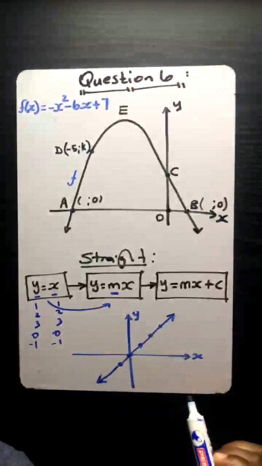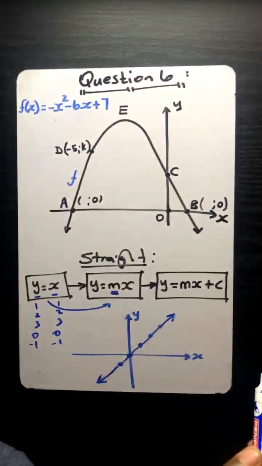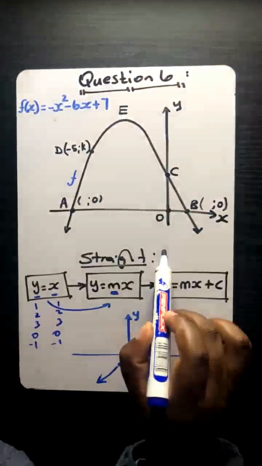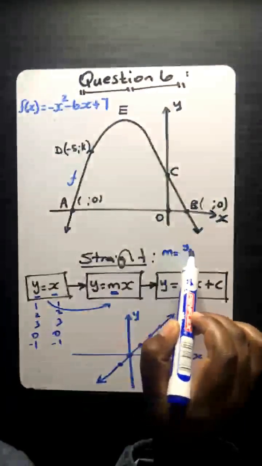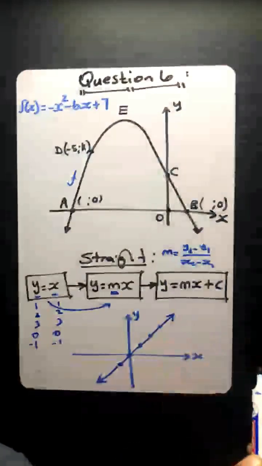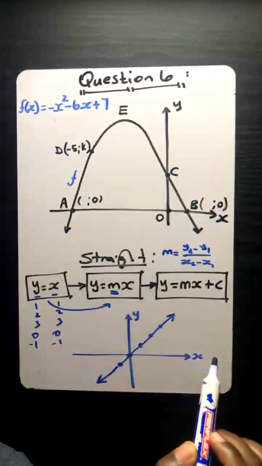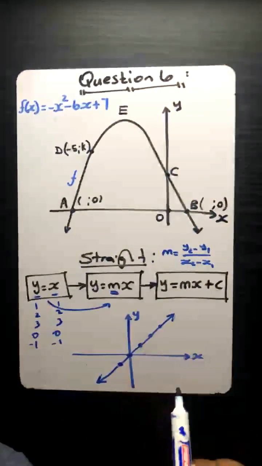But now here comes a question. What is the impact of that m, well known as the gradient, which has a formula which says m is equal to y2 minus y1 over x2 minus x1? What impact does that m have on a straight line?